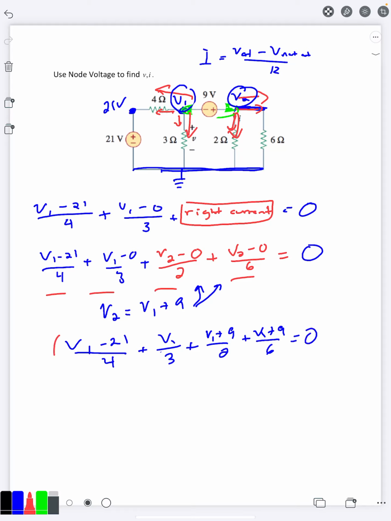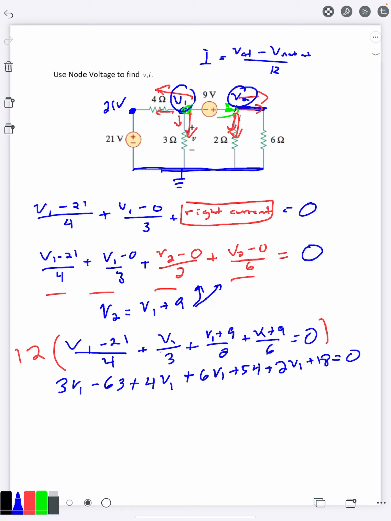My common denominator here is 12. 4 goes into 12 3 times, so 3V1 minus 63. 3 goes into 12 4 times, 4V1. 2 goes into 12 6 times, 6V1 plus 54. And 6 goes into 12 2 times, 2V1 plus 18 equals 0.